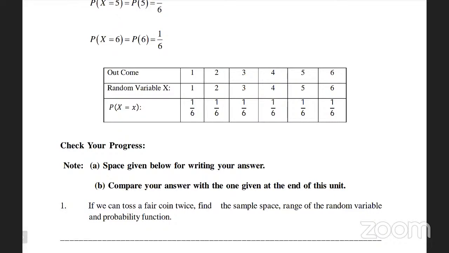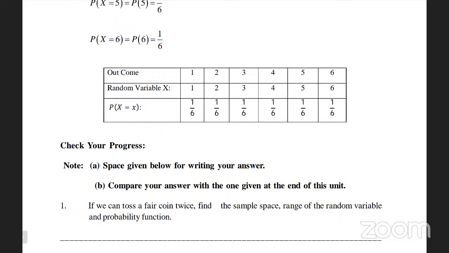Student: Sir, how do we get P of 2 equals 1 by 6? Can you explain again? Here, a die means how many faces do we have? 6 faces. Am I right? Yes. Here I want to get the number 3. How many 3s do we have? 1. So favorable cases are 1. Total exhaustive cases are 6.